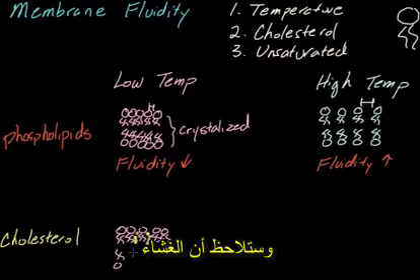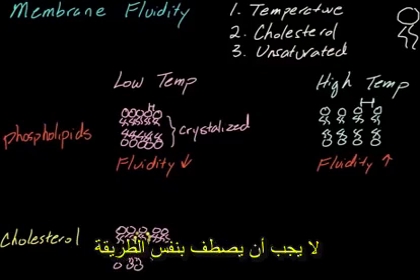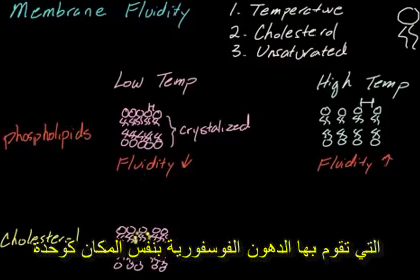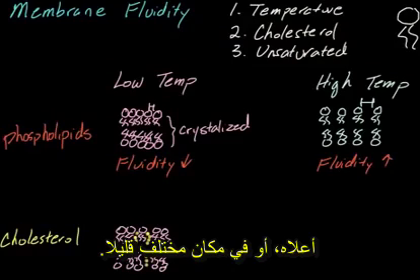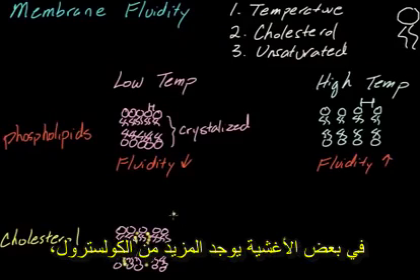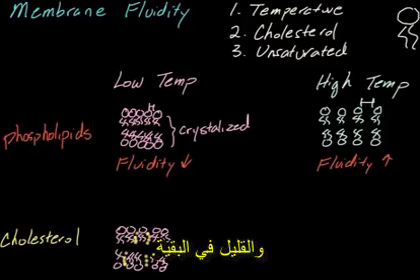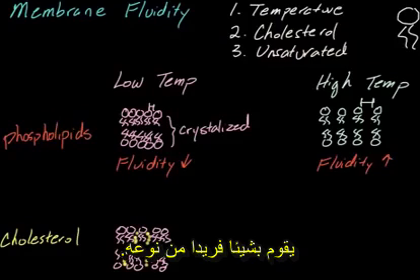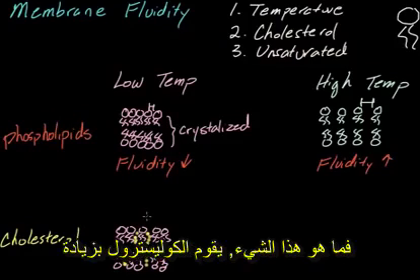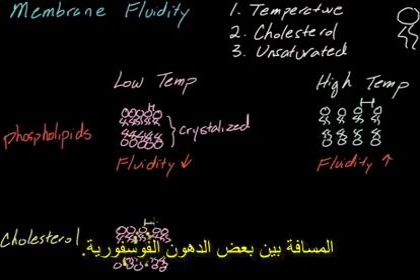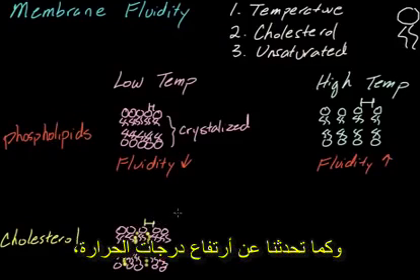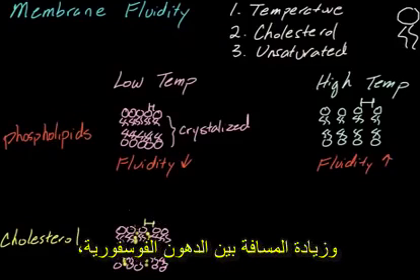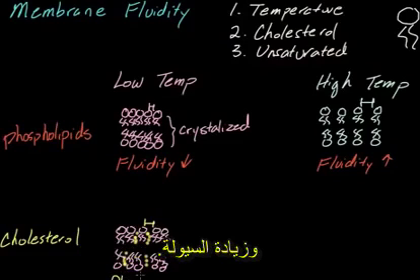You'll notice that the membrane doesn't always have to line up, in the sense that the phospholipids can be in the same place as the ones above, or in a slightly different place. In some membranes, there's more cholesterol, and in others, there is less. But the presence of cholesterol itself does something really unique: it increases the distance between some of the phospholipids. And like we've talked about for the high temperatures, as the distance between the phospholipids increases, the fluidity can also increase.